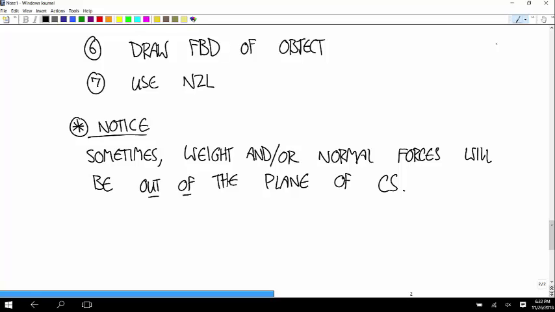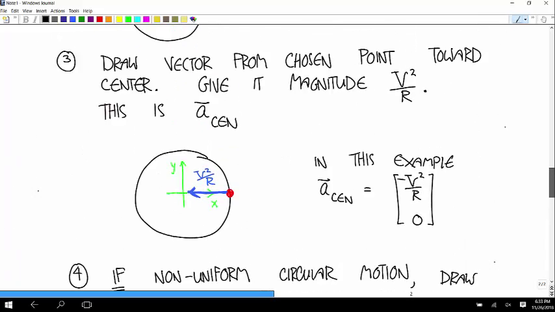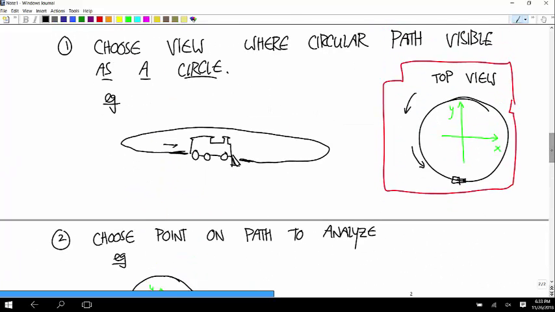An example of this is this train example that I've been doing.